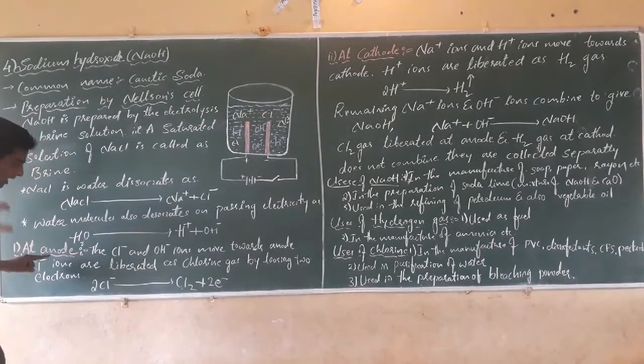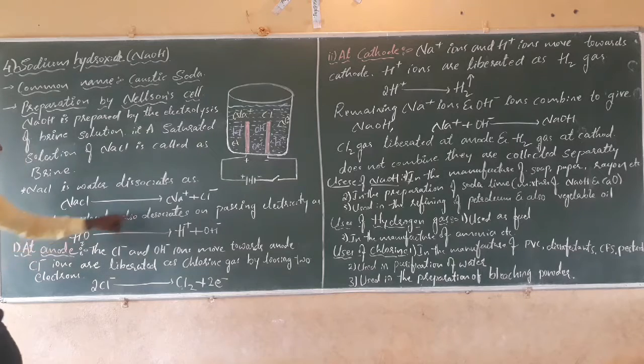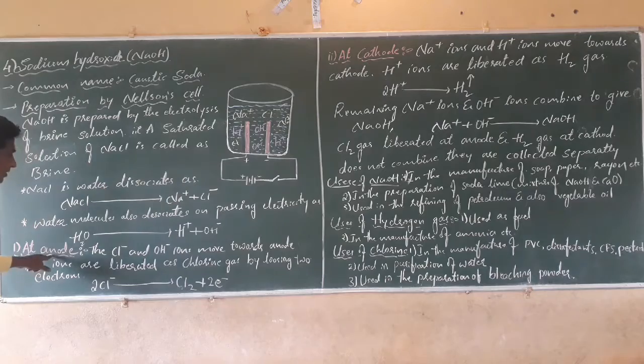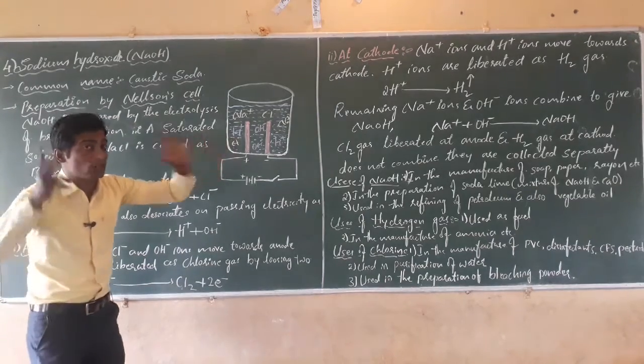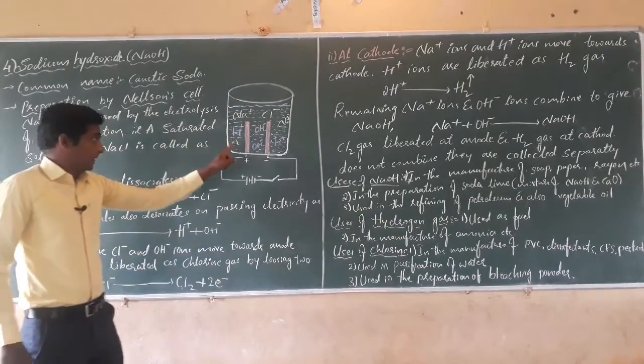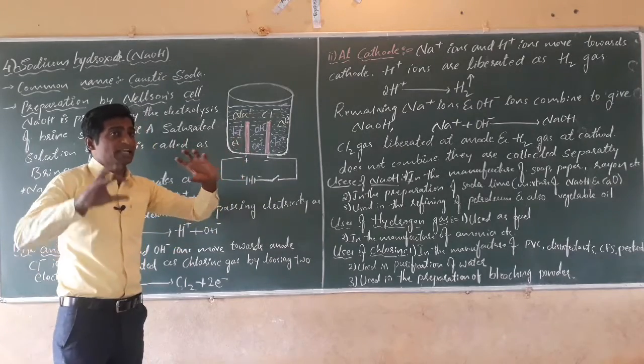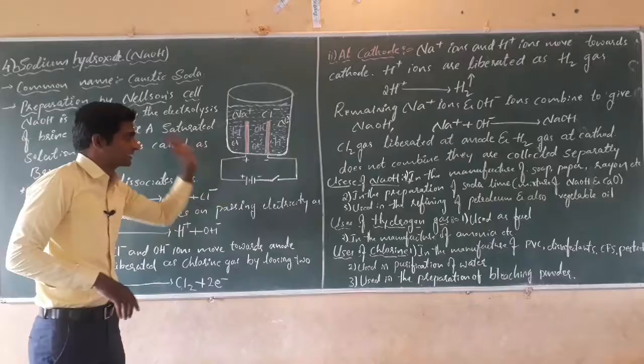Next, dear students, what happens at the cathode and at the anode? At the anode and at the cathode, which kinds of reactions go on on passing the electric current?